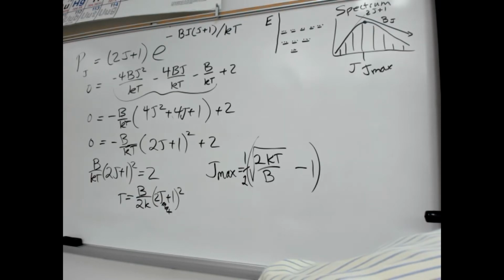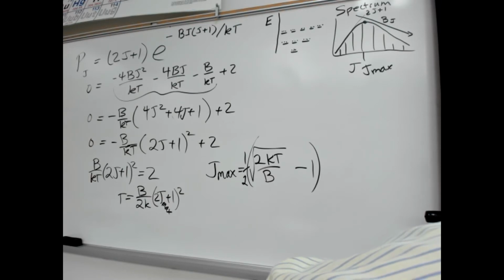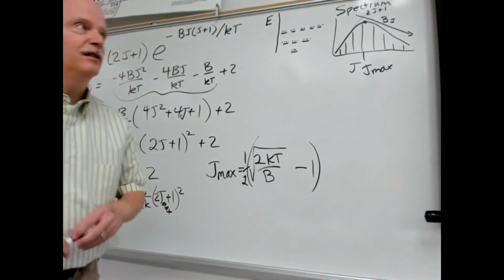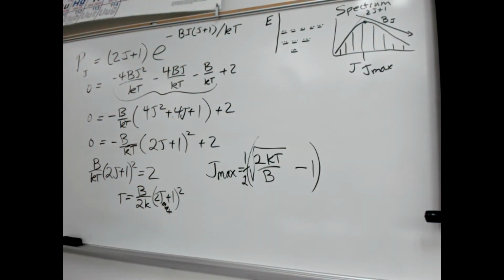In Blackboard, I had this presentation with some rotational spectra. Here we have the spectrum. It's a real vibrational spectrum, but take my spectroscopy course to understand how that works.